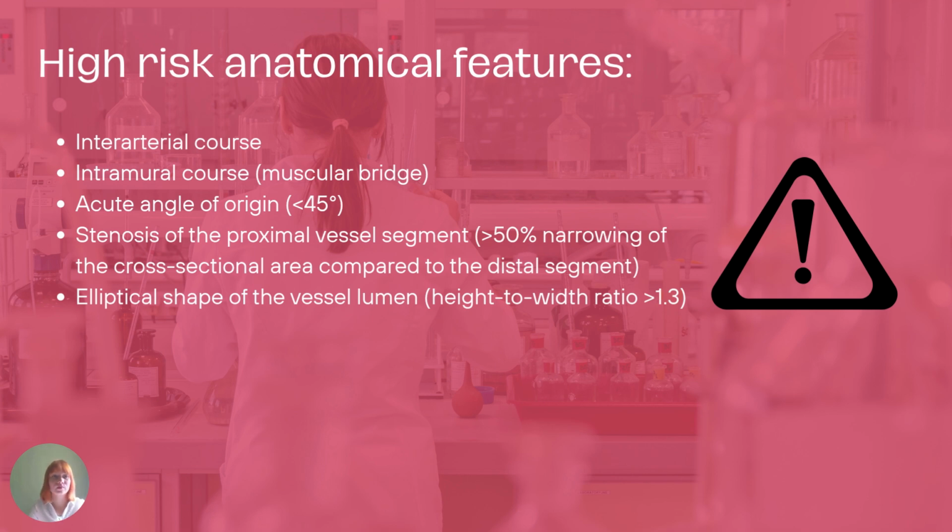There are some high risk anatomical features that can be observed and need to be described in computed tomography: intraarterial course, intramural course, acute angle of origin, stenosis of the proximal vessel segment, and elliptical shape of the vessel lumen.